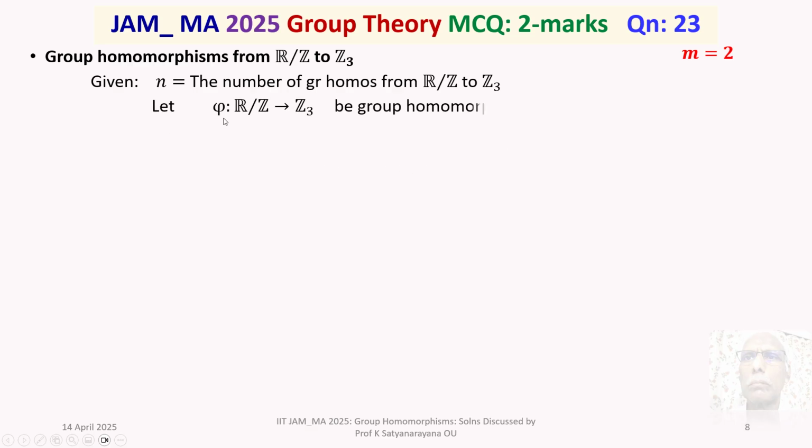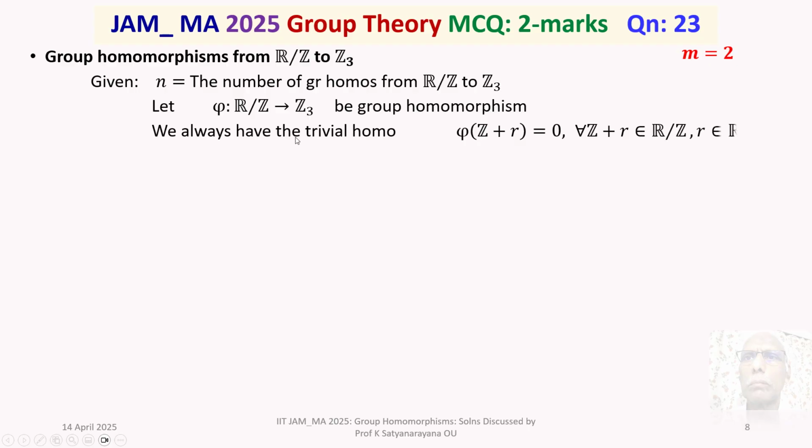Let phi be a group homomorphism from R by Z to Z3. We always have a trivial homomorphism, that means phi sending every element of R by Z to the 0 element of Z3. That is, phi of Z plus R is equal to 0 for all Z plus R belonging to R by Z, R belongs to R. Such a thing is called a trivial homomorphism.